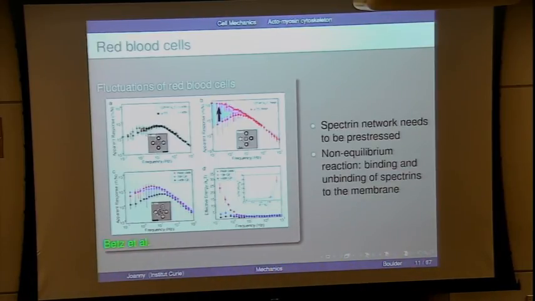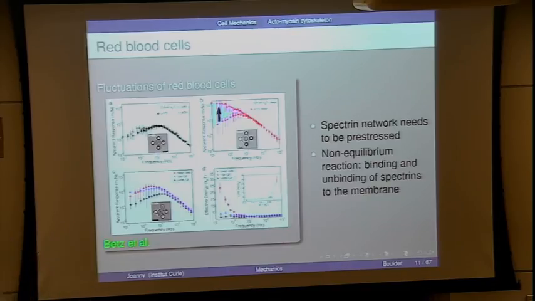So then what I don't show you is we made a huge model for that. I can tell you more about that. So the red blood cell has a membrane, and attached to this membrane, you have a very nice network, which is a triangular network of this protein called spectrin. At this point here, you have a set of proteins that anchors the network in the membrane.